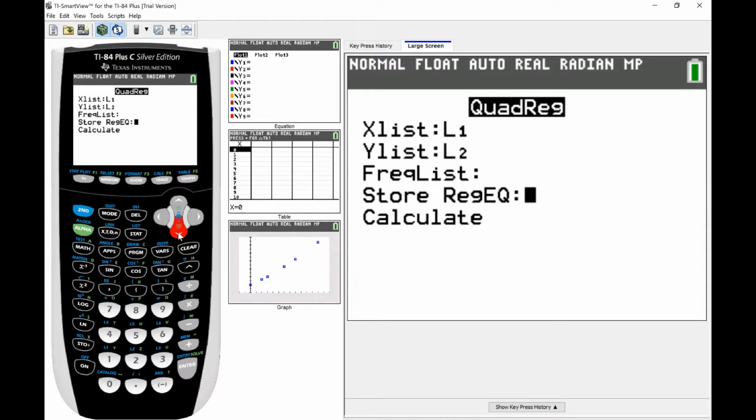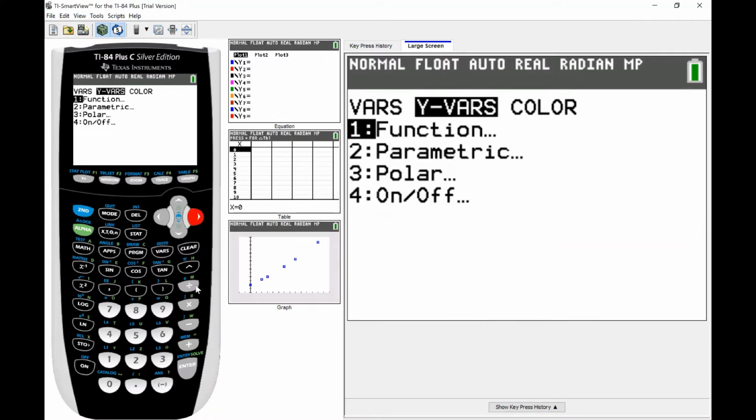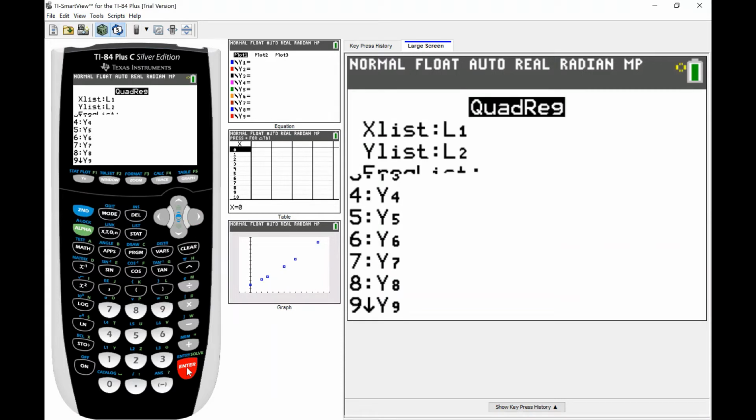If you don't want to do this, you can take that equation that we just found and type it into y1. So go to y equals and type in that equation. But I'm going to tell my calculator to store it. So I'm going to go to vars, y vars, scroll over to the right, press enter for function, and then press enter for y1.